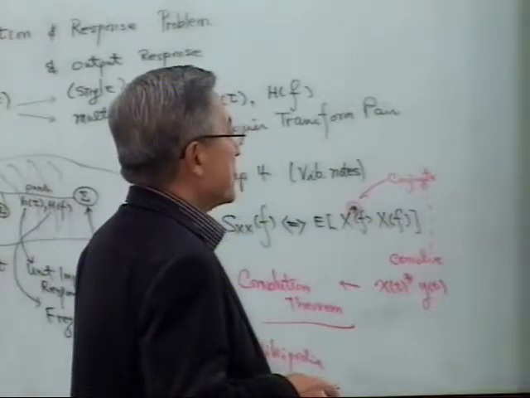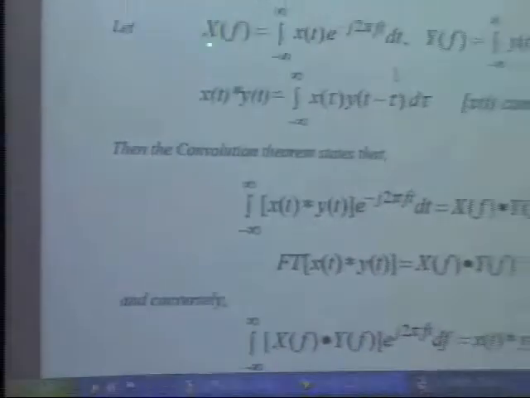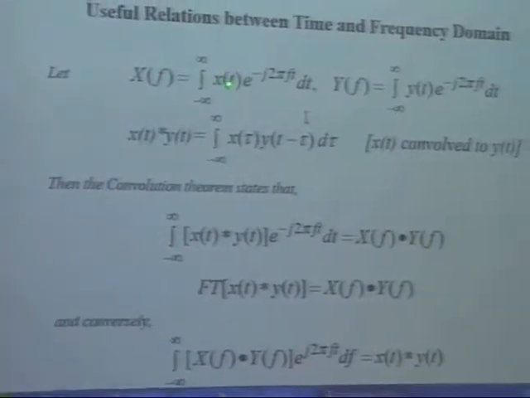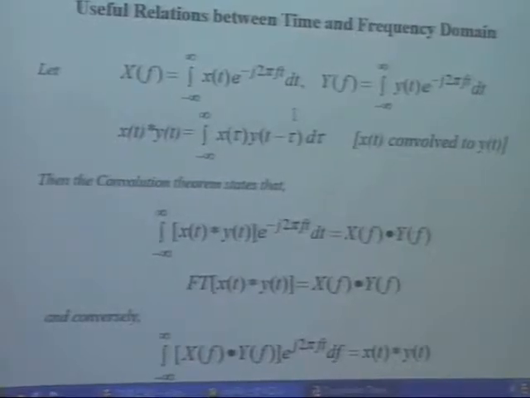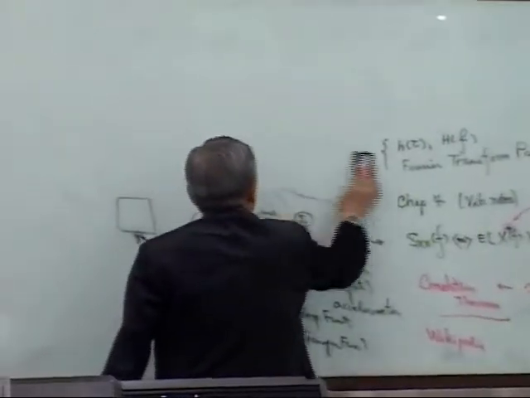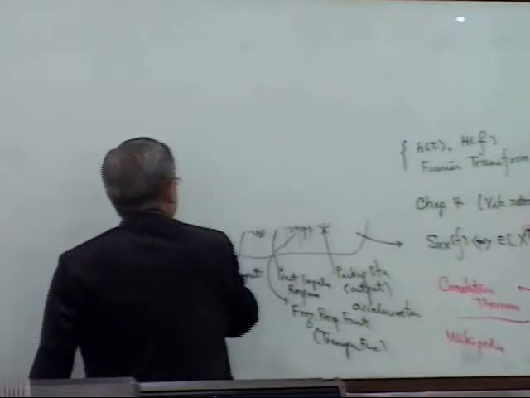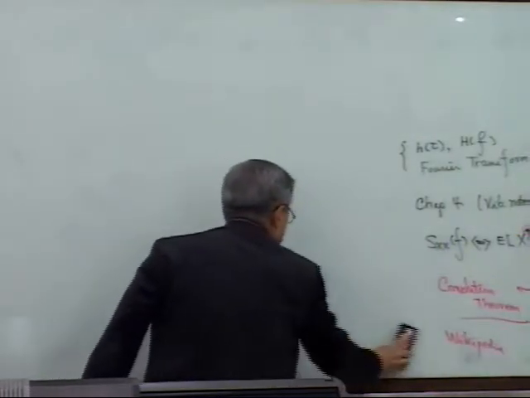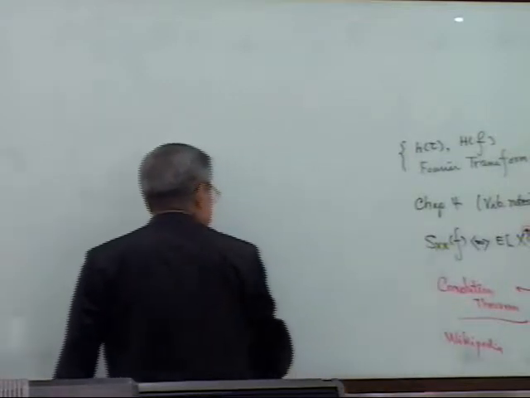And we all know that. What's this? This is the Fourier transform of x(t), called capital X. I don't know how many times I wrote that, quite a few times from the beginning of the class.